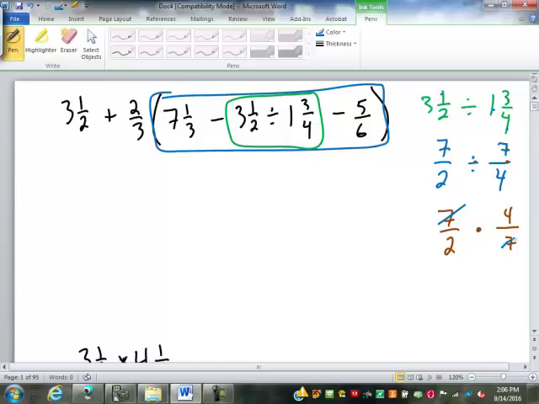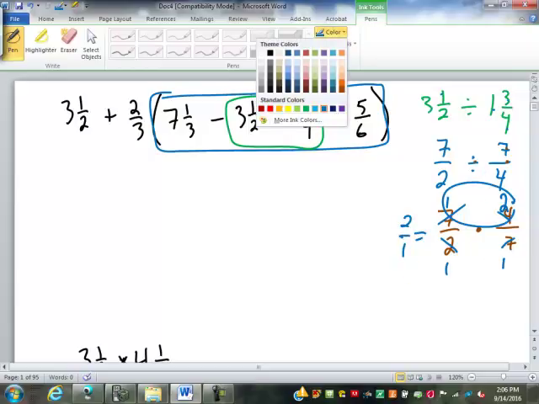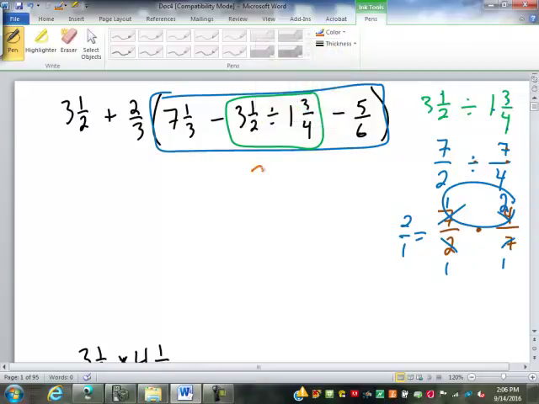So the 7's cross cancel, giving us 1 and 1. 2 and 4 cross cancel, both are divisible by 2, giving me 2 and 1. So 1 times 2 is 2, 1 times 1 is 1, 2 over 1, or just 2 is the result there. So 3.5 divided by 1 3/4 is 2.